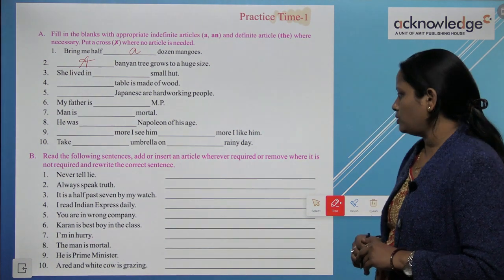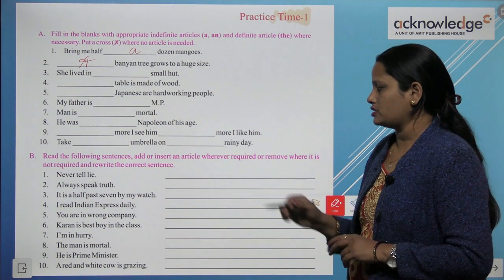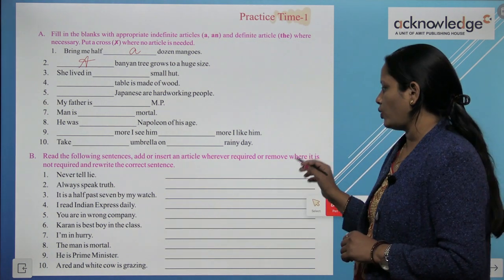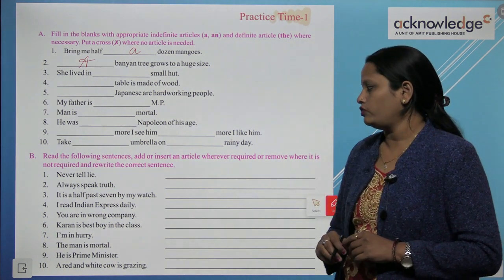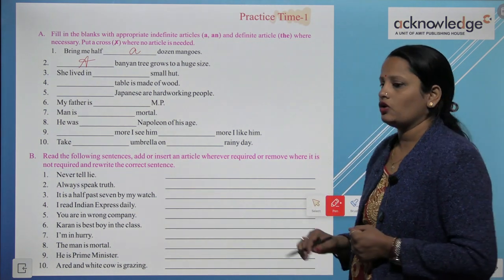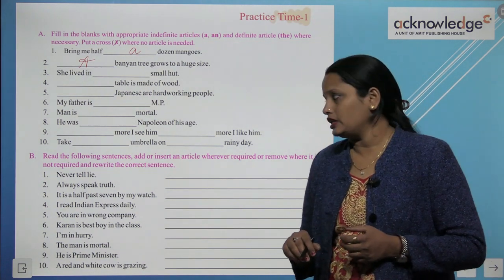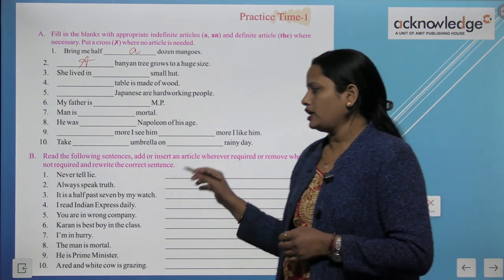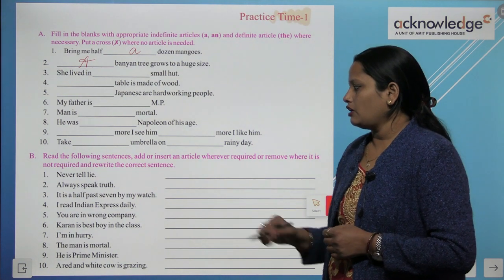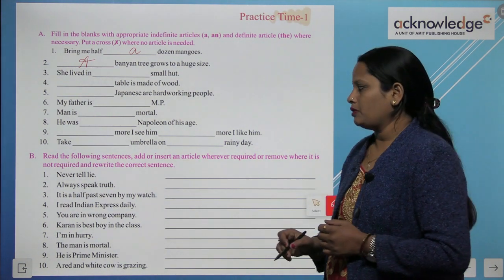Now let's come to the B exercise. Read the following sentences. Add or insert an article wherever required or remove it where it is not required. So जहाँ article है वहाँ हमें लगाना है और जहाँ पे जरूरत नहीं है वहाँ हमें नहीं लगाना है. And rewrite the correct sentence. Sentence को correctly हमें लिखना है. Never tell lie. तो यहाँ पे हम क्या लिखेंगे?